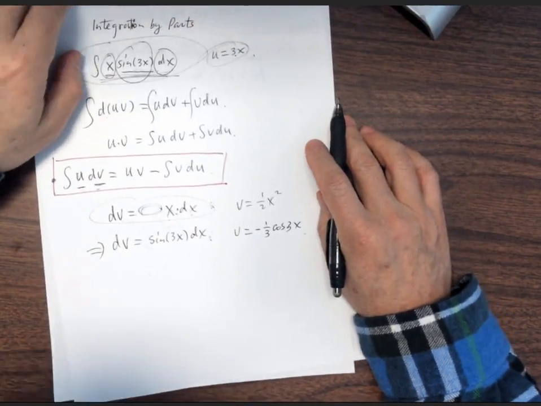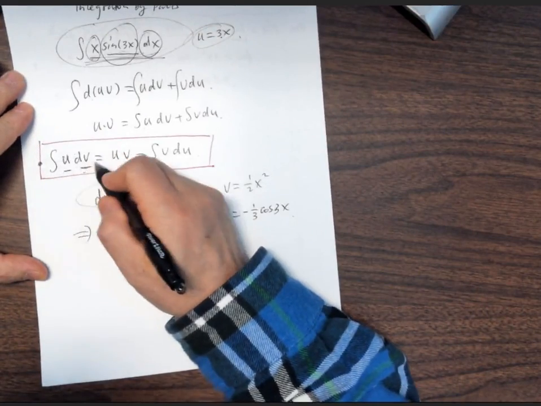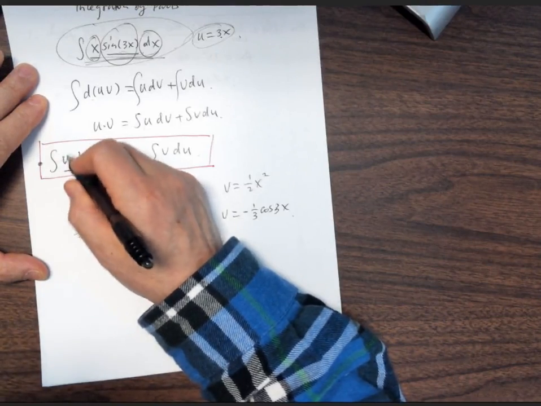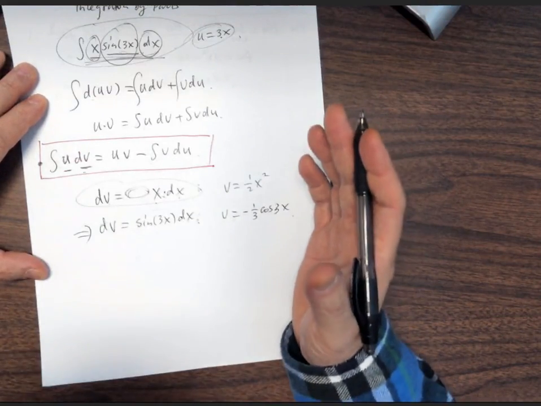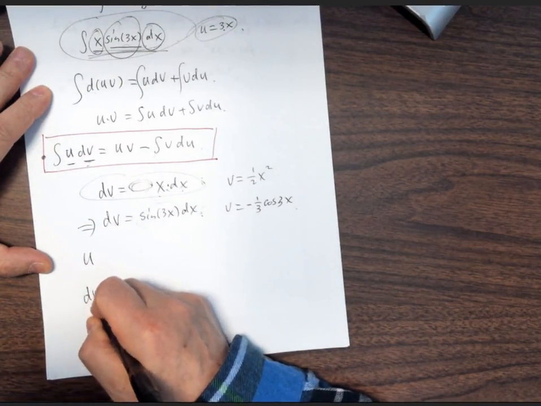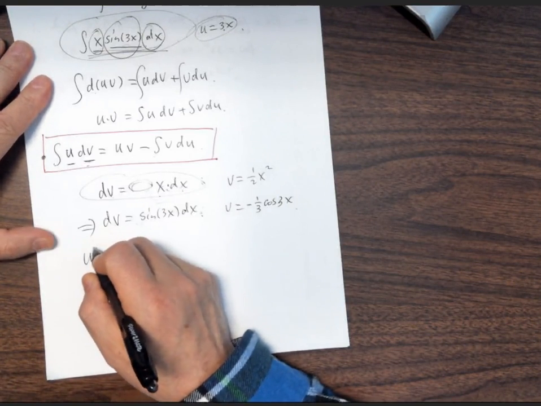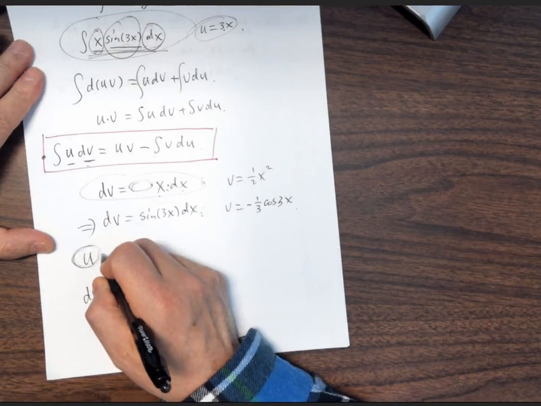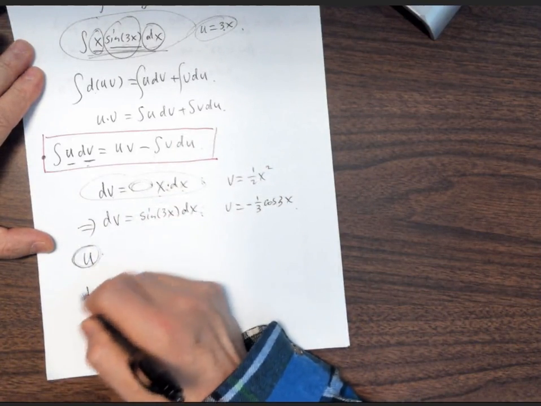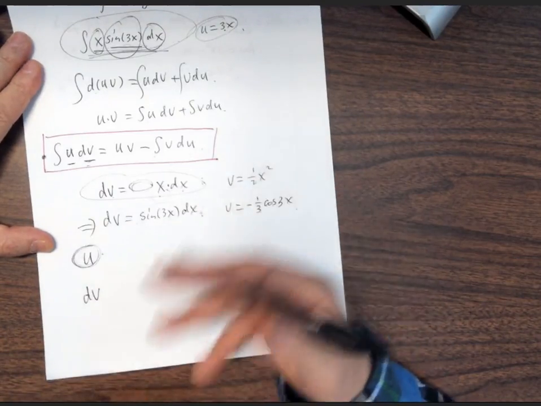So it's very important how you decide your u part and your dv part. In practice, what you do is to actually determine your u first. The rest will be dv. And how do we determine the u? We always pick functions that are hard to integrate as u. Therefore, the leftover will go to the dv part, making it easier, possible to integrate.